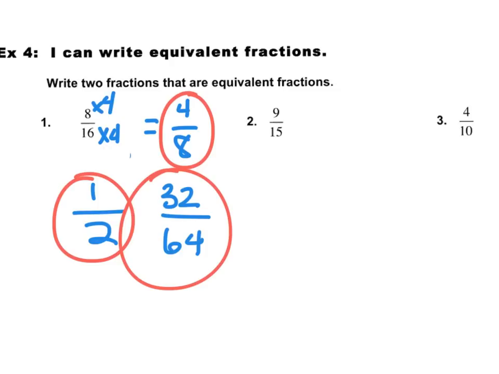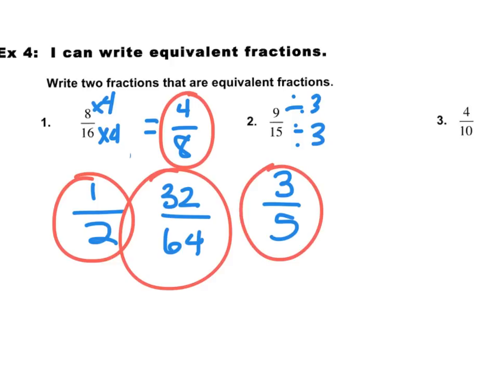All right, let's look at 9/15. That one I know I can simplify, so let's start there. I'll divide the top by 3 and the bottom by 3. I'll end up with 3 all over 5, so that's 1. And 3/5 can't be simplified anymore, so let's just pick any number. Whatever you do on the top, you have to do on the bottom. Let's say I want to multiply the fraction by 5.